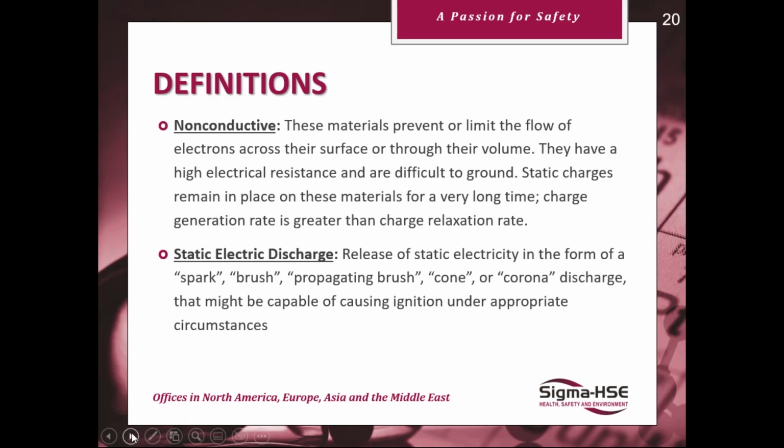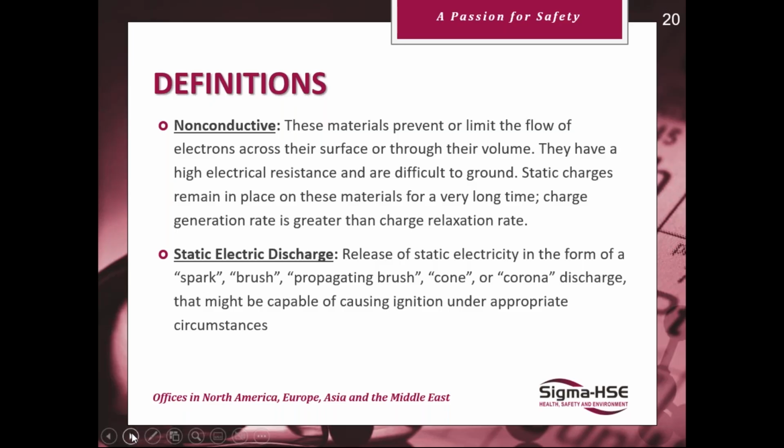Non-conductive, insulating. These materials prevent or limit the flow of electrons along their surface or through their volume. There are two ways to dissipate the charge. There's either through the material or along its surface. They have a high electrical resistance and you cannot ground them.